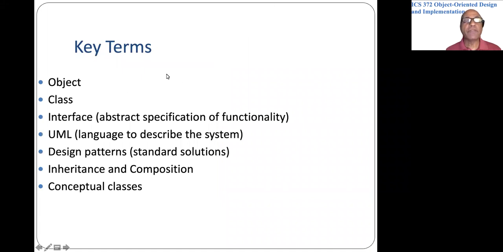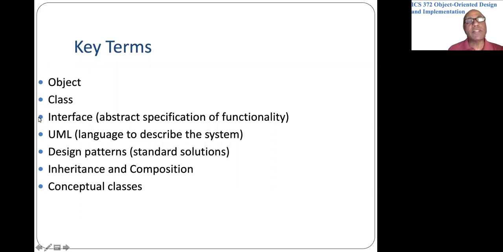So there are a number of key terms that we will be using repeatedly many times this semester. Object, which you have seen in ICS 141 and 240, and which we just looked at a few minutes ago. And class is another term that you should all be familiar with. Many objects are similar. For example, all the student objects in a university are similar in certain respects.